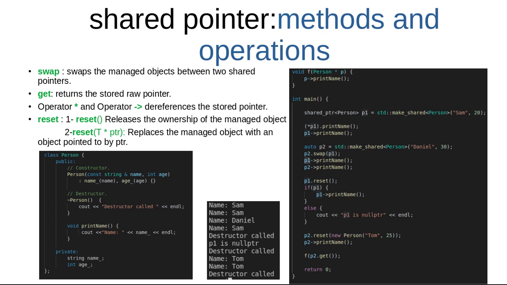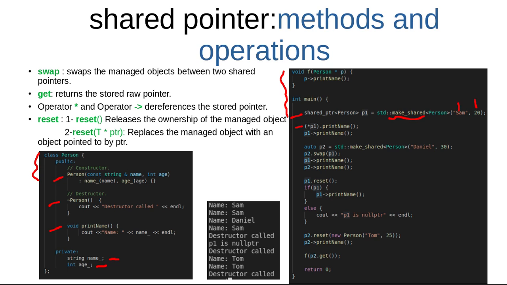Let's see an example. This is class Person and has two members, name as string and age as integer. This is the constructor, this is the destructor, and this is a public method called print_name. On the right side, we have the main function that uses this class. Initially, I create pointer p1, of type shared pointer, and using the make_shared function, it will make the pointer point to a real object, name Sam and age 20.